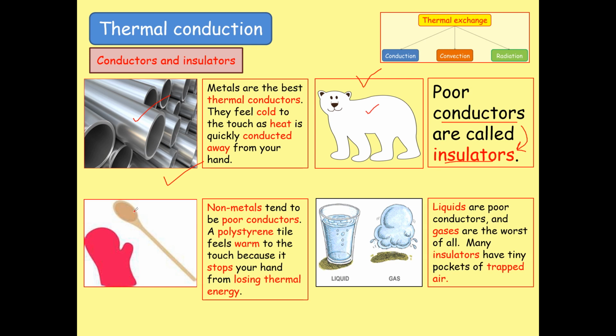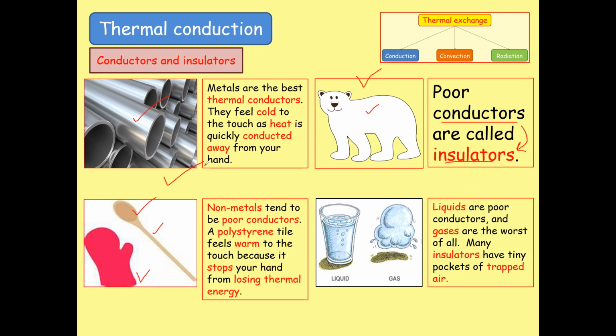So we don't feel our hands getting cold. A similar example would be these insulator gloves which we use in cooking, or this wooden spatula used for cooking. Why are these used? Because this spatula is preventing the heat of the stove or the pan from getting to our hand. The same is true for this glove.